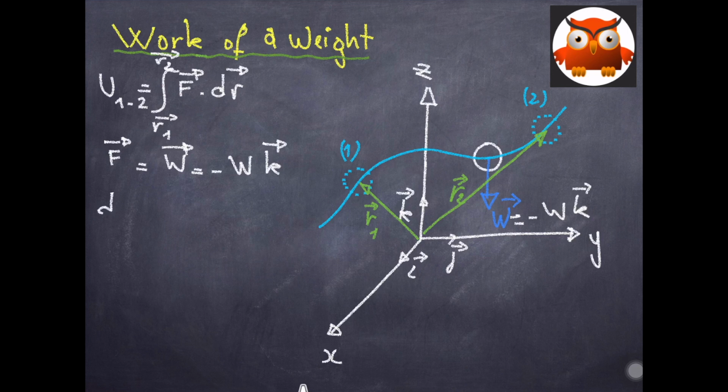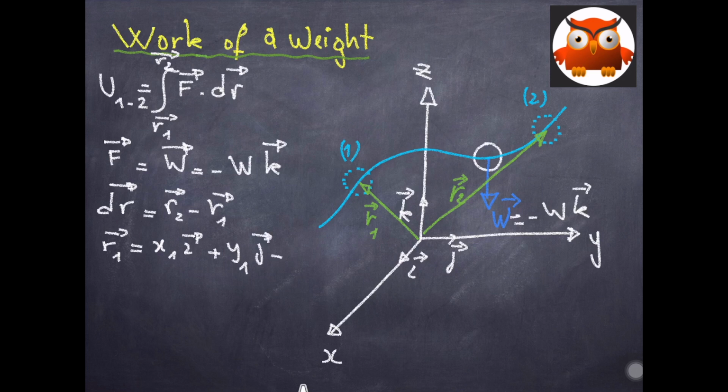Now, dr is simply R2 minus R1. So we have R1 can be expressed in terms of the Cartesian coordinate system. So we have three components: x1 i plus y1 j plus z1 k.